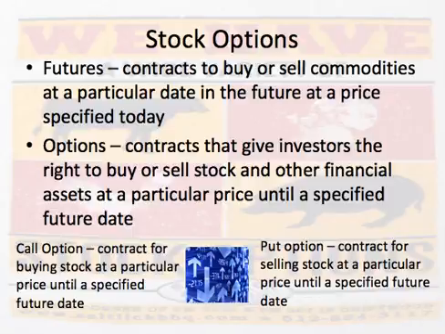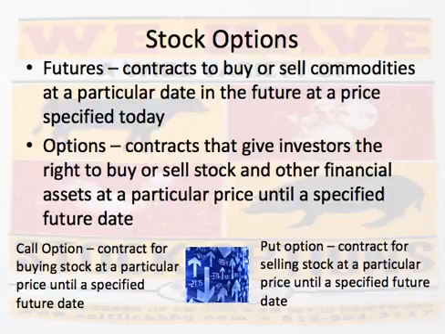So futures is dealing with commodities. A commodity is a natural resource. So it could be cattle, it could be oil, natural gas, lumber, anything that would be considered a commodity, anything that's the same no matter what it is. And this is where futures are sold. They're buying and selling commodities.